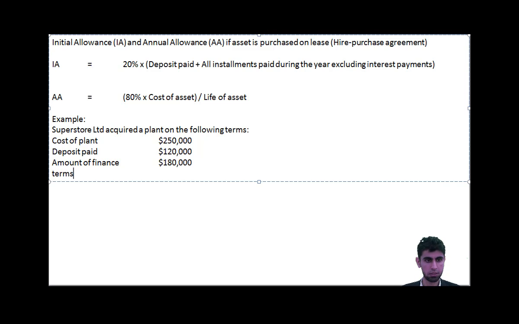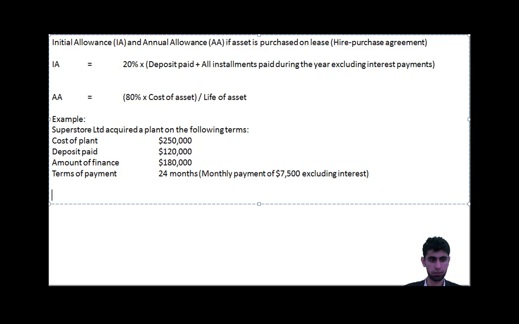And terms of payment, let's say we have to pay over 2 years, so 24 months, with a monthly payment of 7,500, excluding interest. Okay, this is excluding interest.